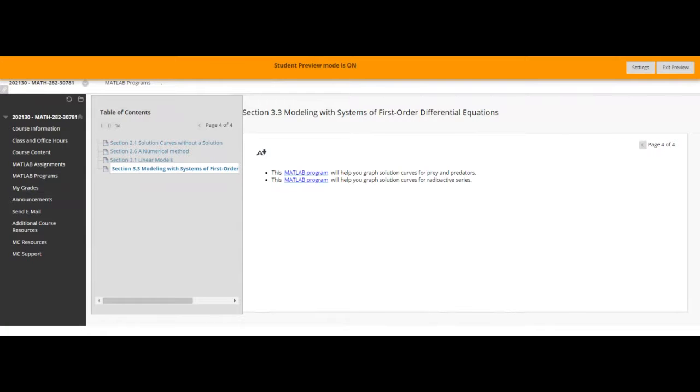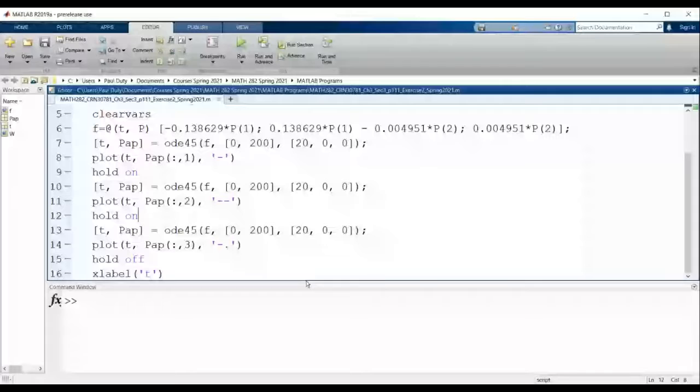Give me just one moment here. Okay, good. Let me go into MATLAB and make it visible here. Okay, so here's the code.